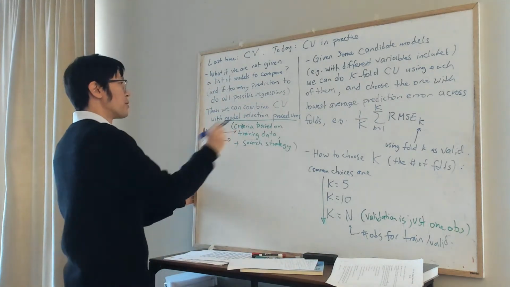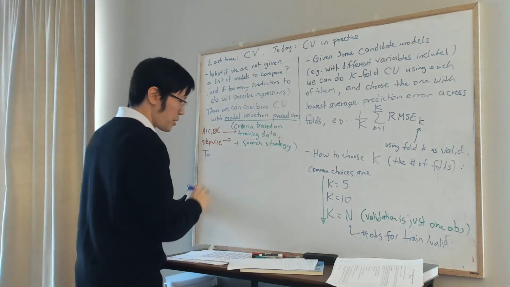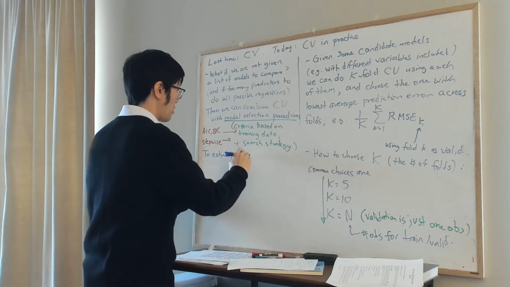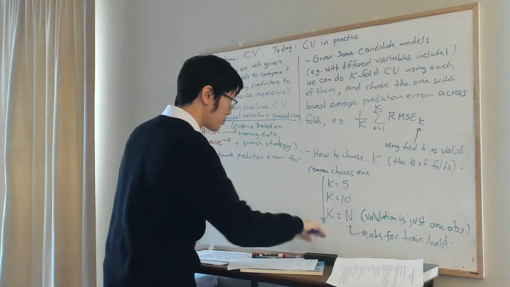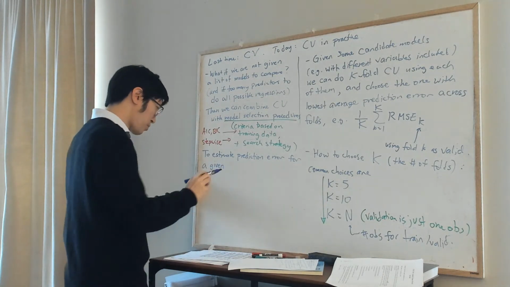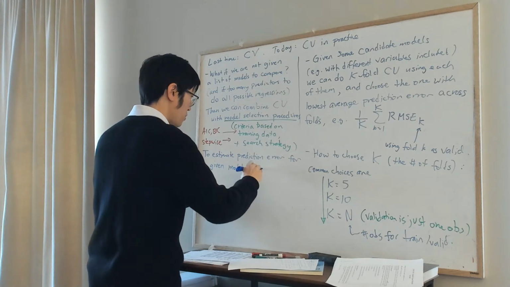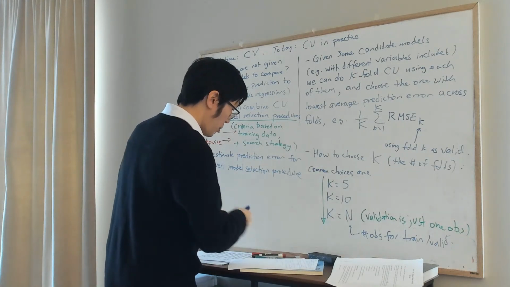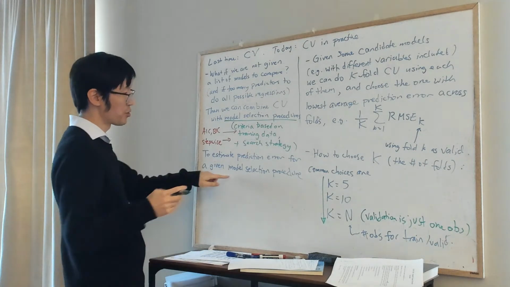So that reviews model selection, and now to estimate the prediction error for a given model selection procedure, you can compare this with the very similar sentence I wrote last time when we were given specific models.